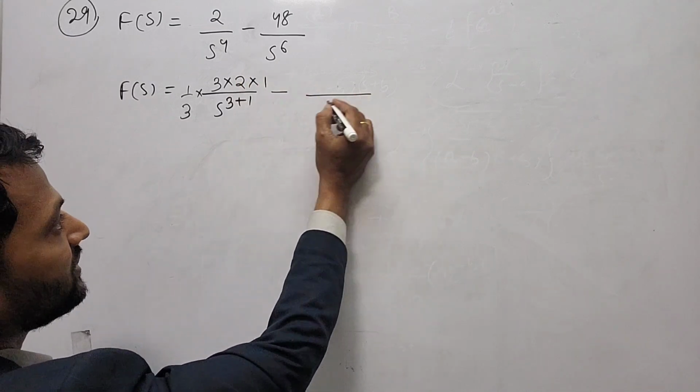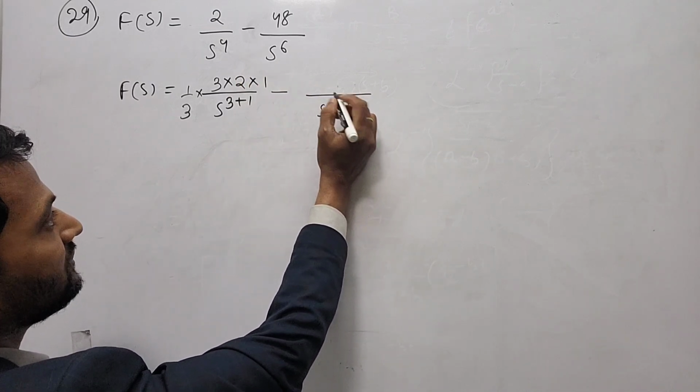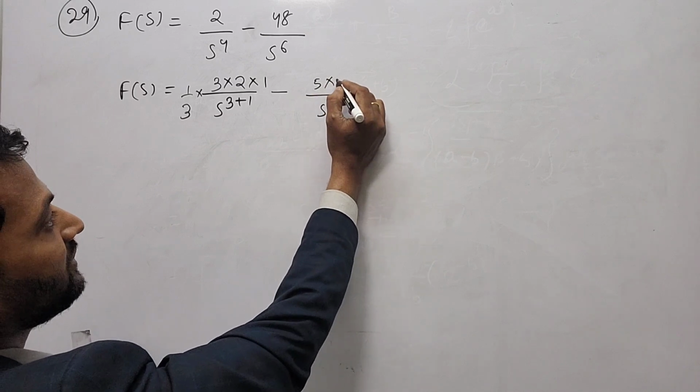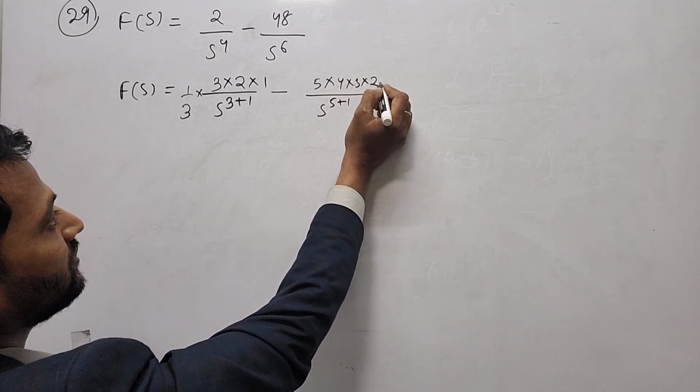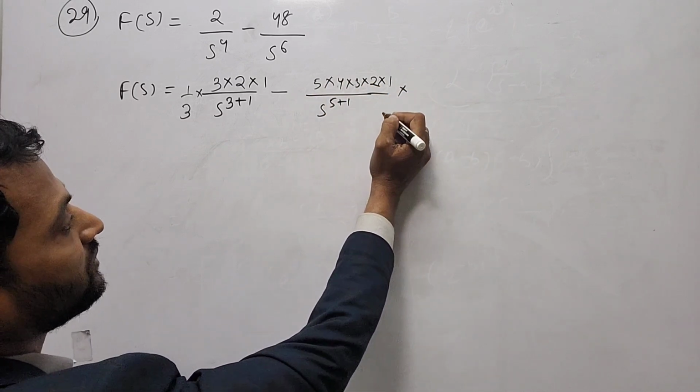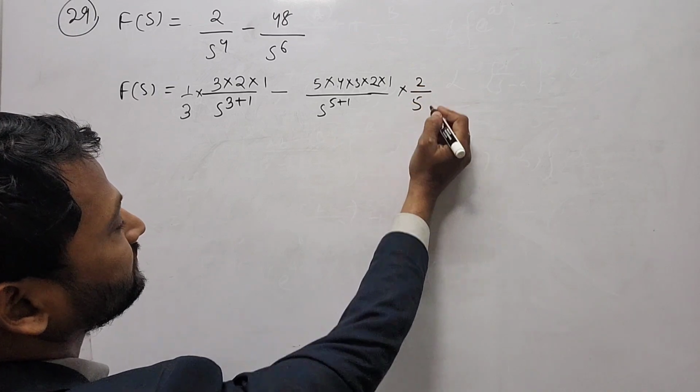Similarly, here also we can write s to the power 5 plus 1. In numerator I can write 5 into 4 into 3 into 2 into 1 into 2 by 5.